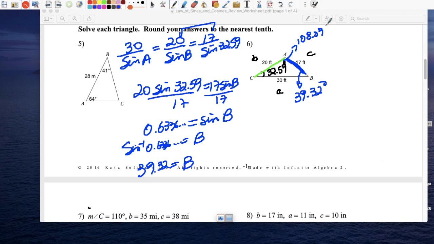So the other triangle would still have 32.59 angle-wise.